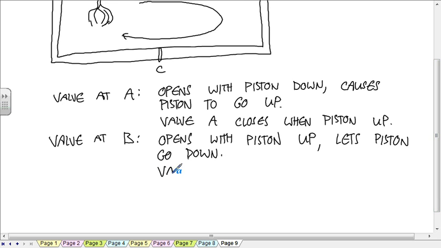And then valve B closes with the piston at the bottom.